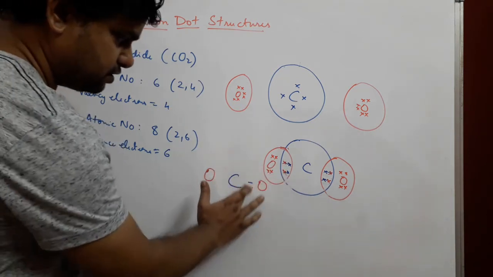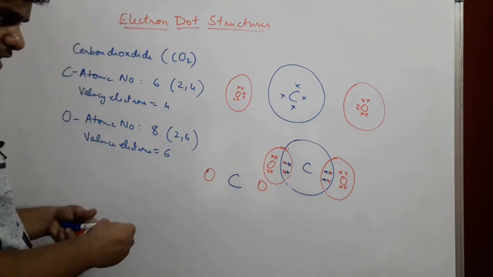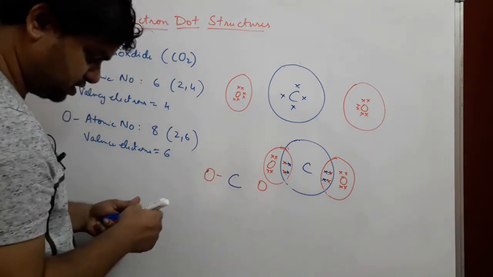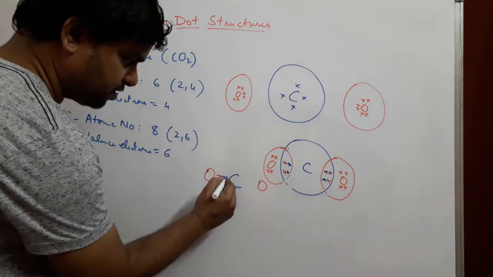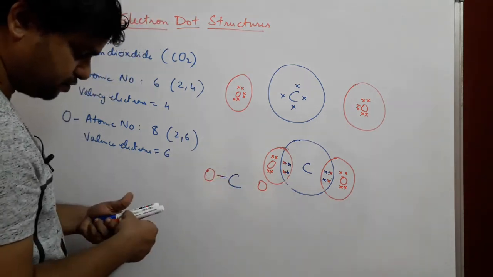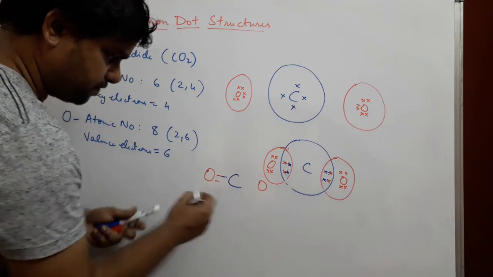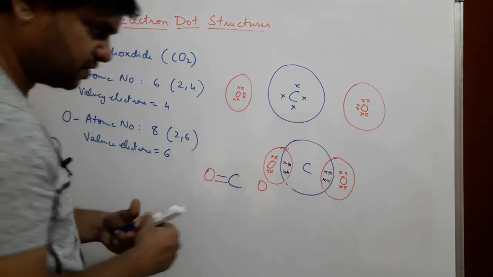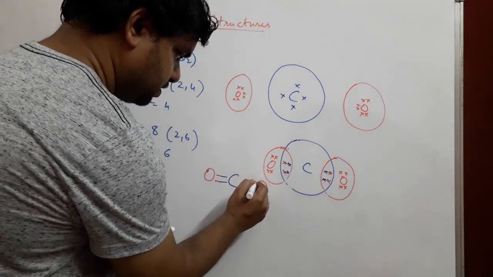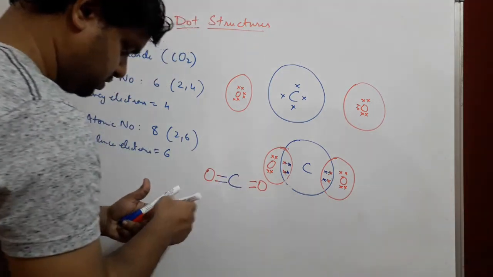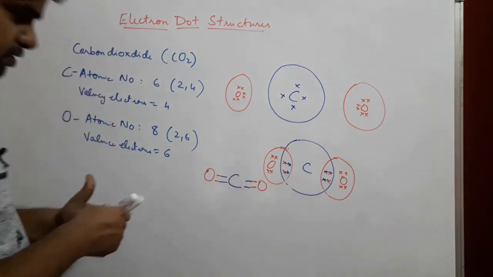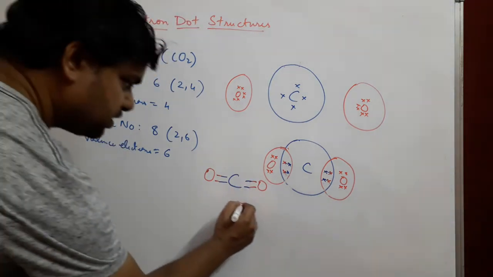Even this should not look like this. It should actually look something like along these lines. So you have a bond forming from both ends. Here it would be like this, and like this.